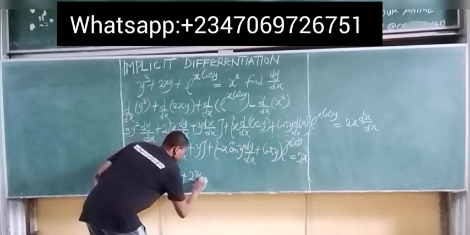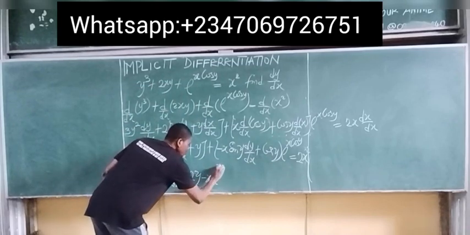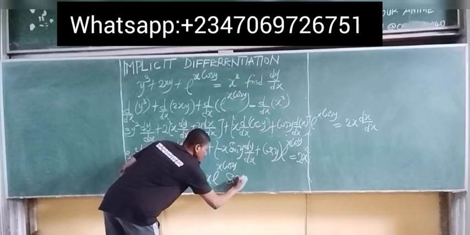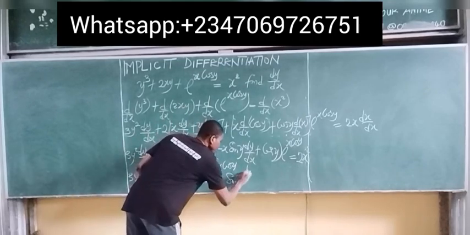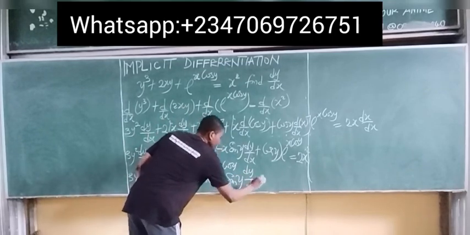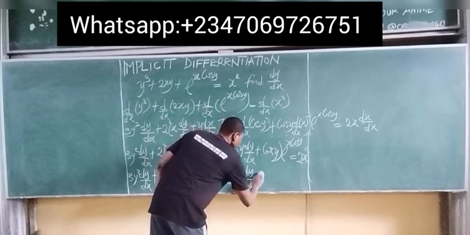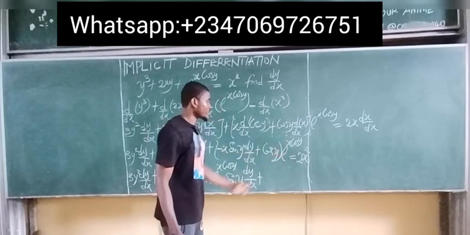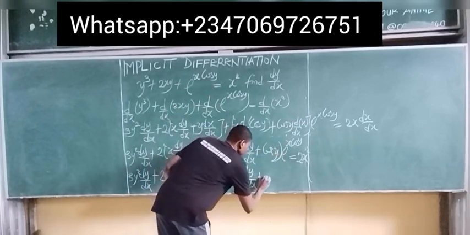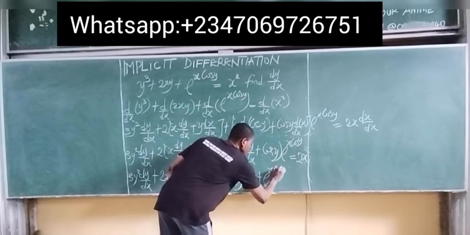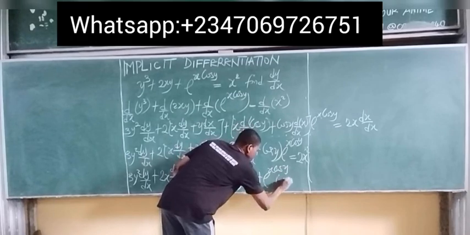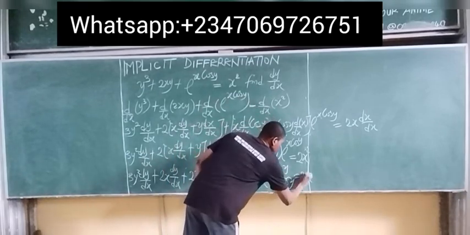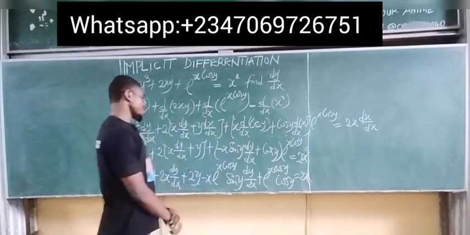That gives me minus x exponential x cos y sine y dy all over dx, plus cos y multiply exponential x cos y. That gives me exponential x cos y times cos y, and this is equal to 2x. So I have this.